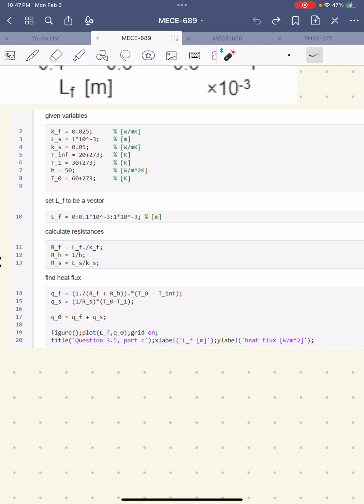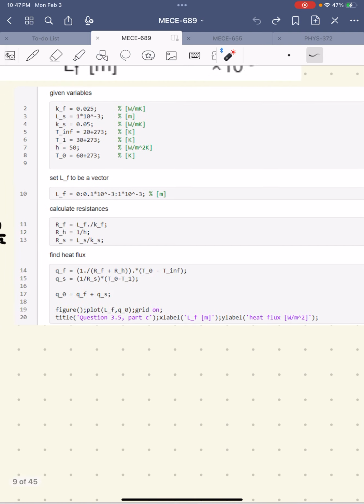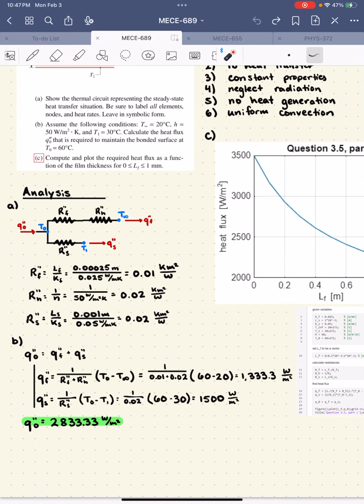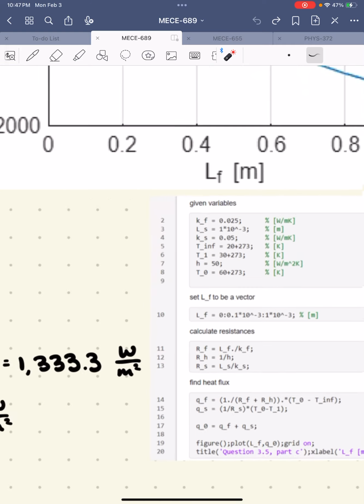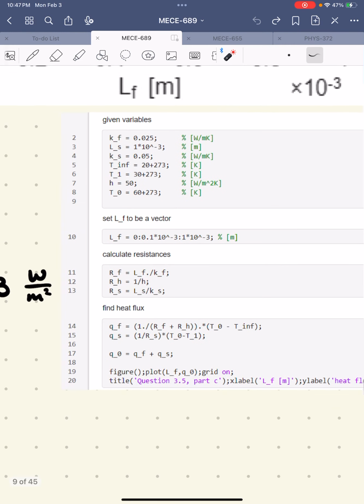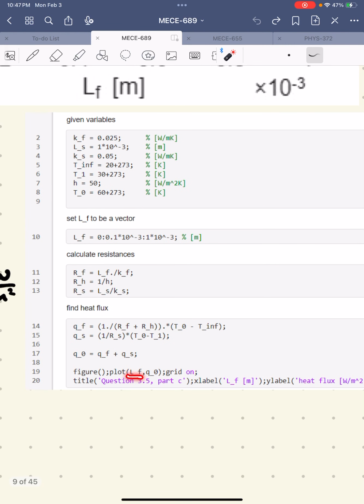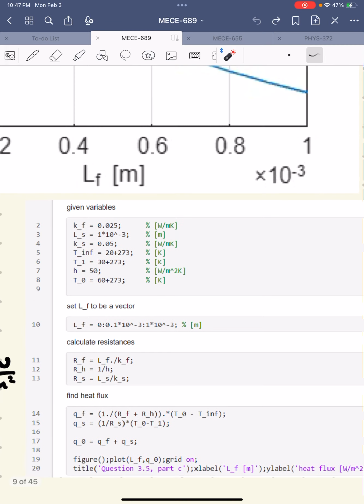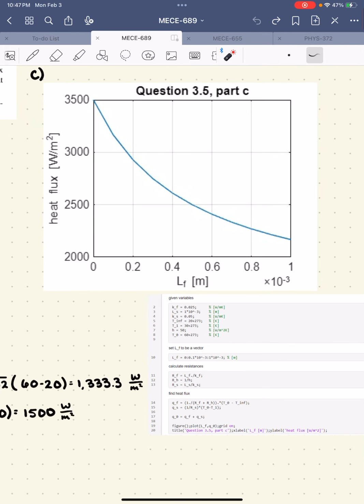We're going to calculate the resistances using this as a vector, so LF over KF, 1 over H, LS over KS. Then calculate the heat fluxes, 1 and 2, and solve for Q naught. Essentially we're doing this same process, but iterating for various thicknesses. And then I'm just going to plot my thickness and my Q naught here.